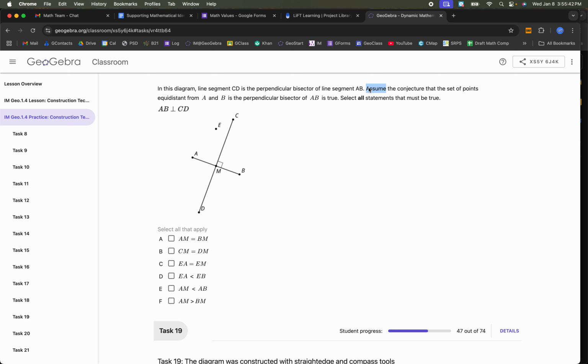Okay, that sentence right there. This sentence right here, right? Yeah, there's a lot here.